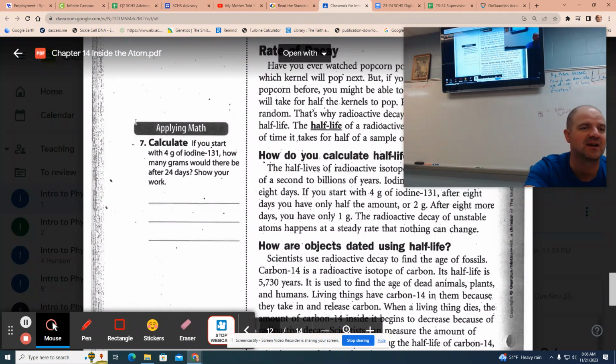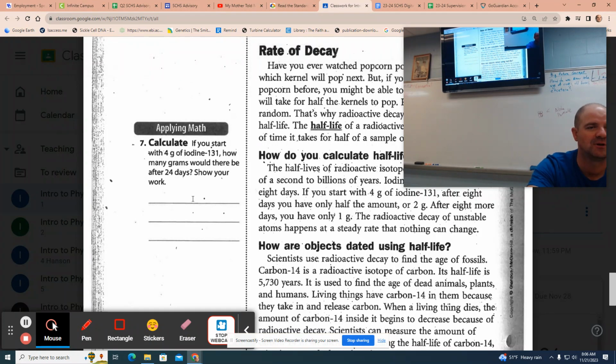Let's look off to the side here, number 7. Calculate, if you start with 4 grams of iodine-131, how many grams would there be after 24 days? Show your work. All right, so we start off with 4 grams.